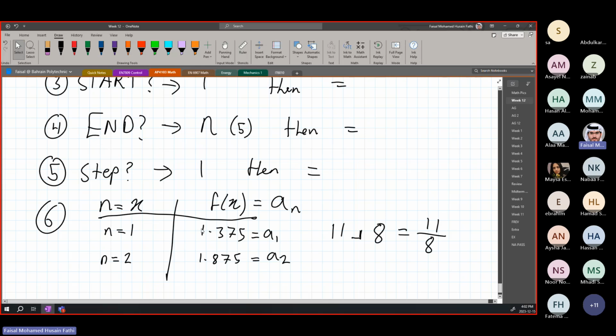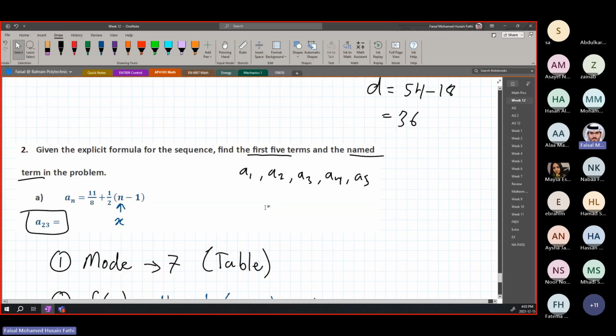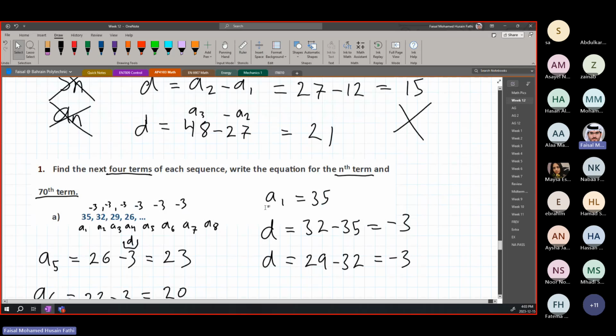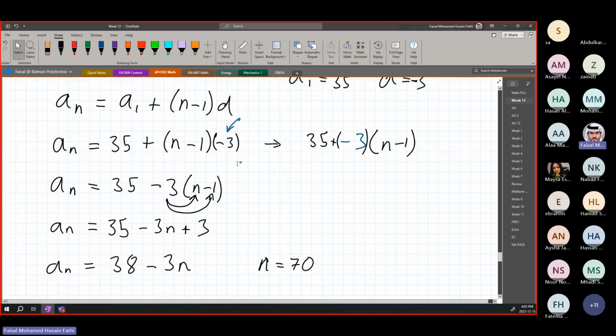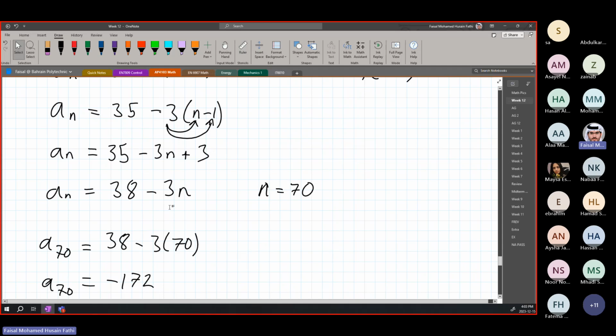Given your an equation, if you find it yourself, you can do it that way. I'll do it again with the first example we solved. We found our an equation earlier to be 38 minus 3n. So let's put that in the calculator.